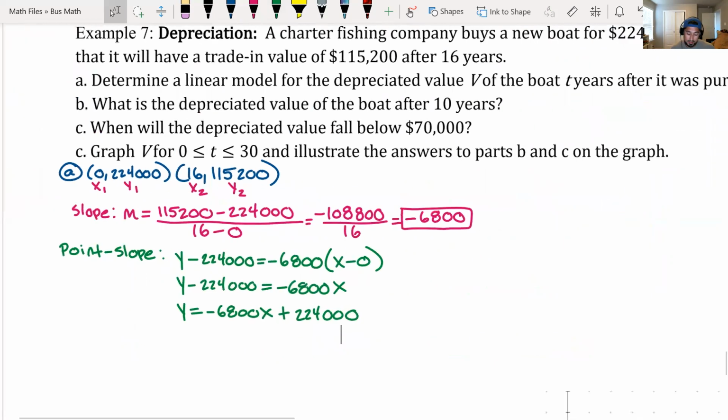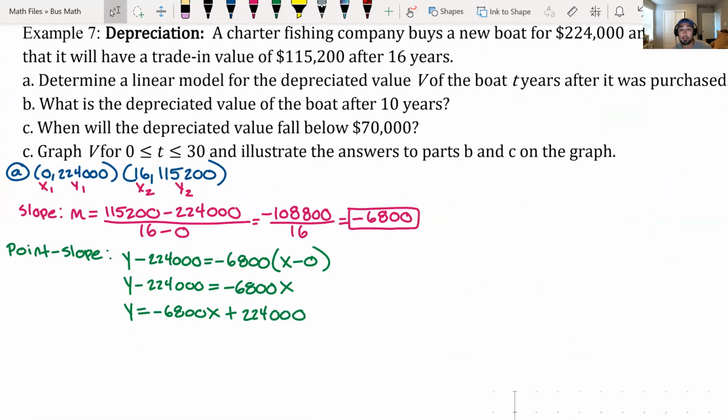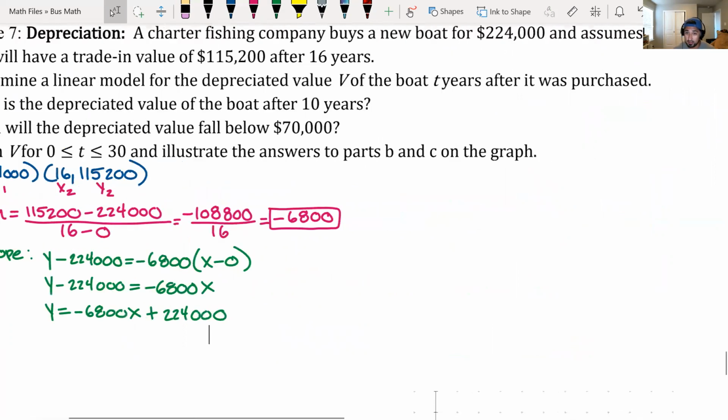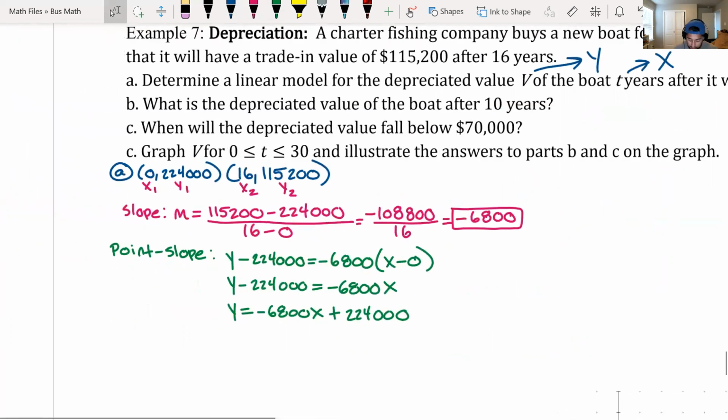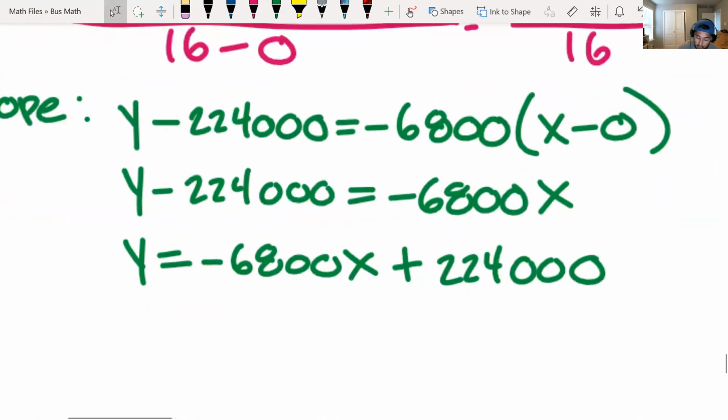Okay. So this problem says in A, determine the depreciated value V of the boat T years after it was purchased. So V is Y and T is X. So we'll just make a quick replacement down here.